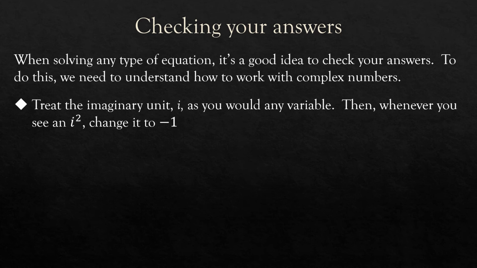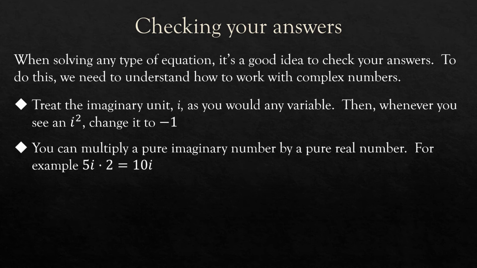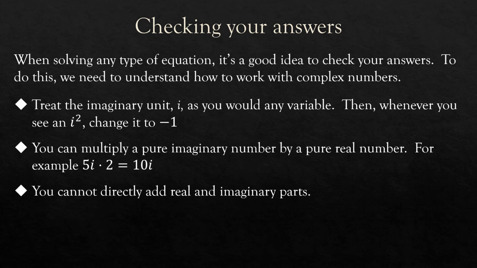Then, whenever we see i squared, we're going to change that to negative 1 as per the definition of the imaginary unit. We can also multiply a pure imaginary number by a pure real number. So 5i times 2 is 10i. However, we cannot directly add real and imaginary parts, which is why complex numbers are always in the form a plus bi.